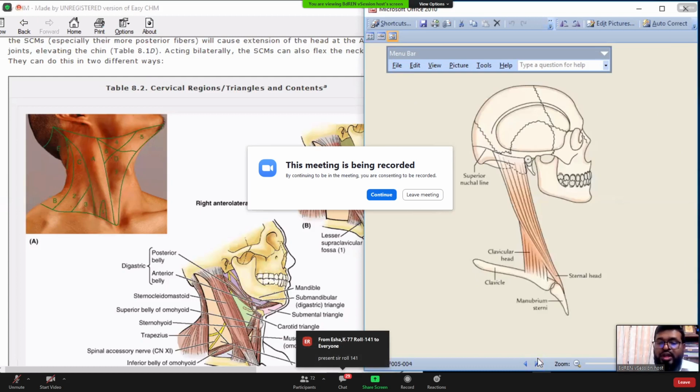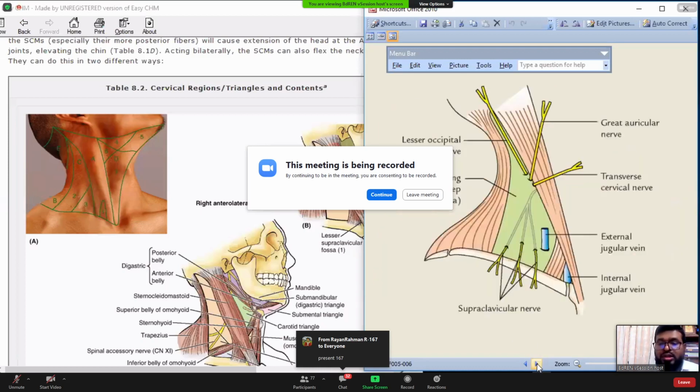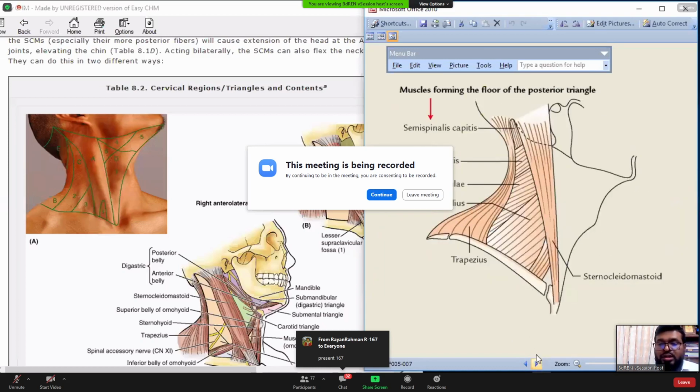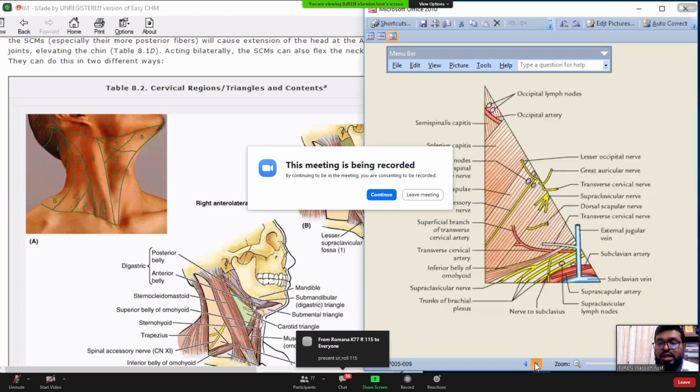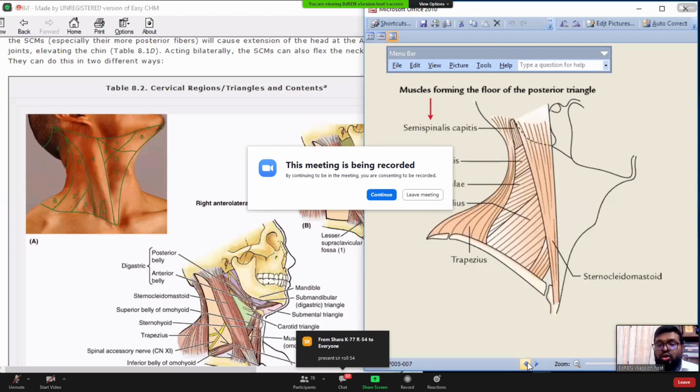Still that can be divided, and there are some key muscles there, such as the sternocleidomastoid and the trapezius. You have seen it here, it is the trapezius muscle. These are the sternocleidomastoid muscle, and there are two other muscles, the digastric muscle and the omohyoid muscle.